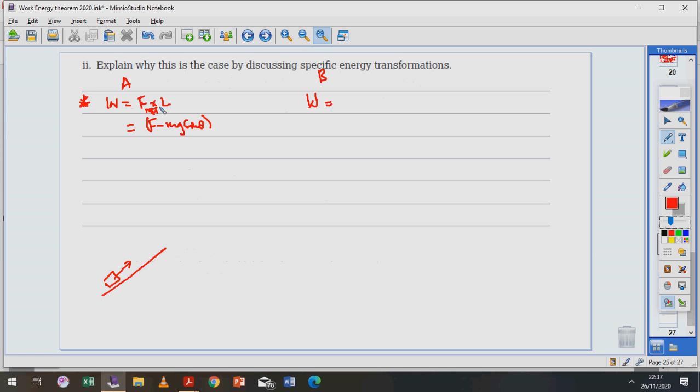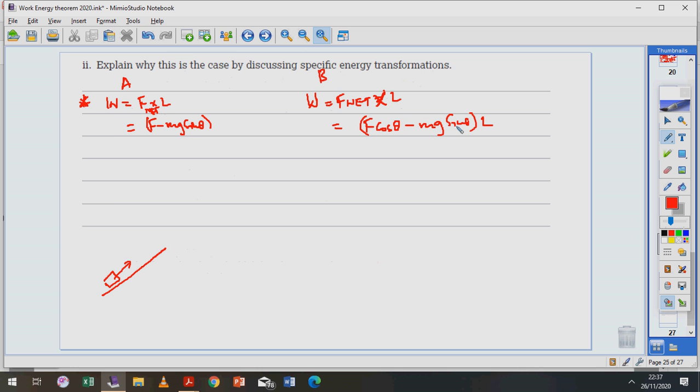So net force, and again net force times distance, which is L, the length that it covers up the plane. The net force in this case is F cosine theta minus mg sine theta.